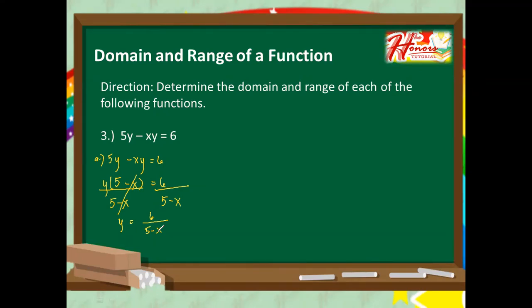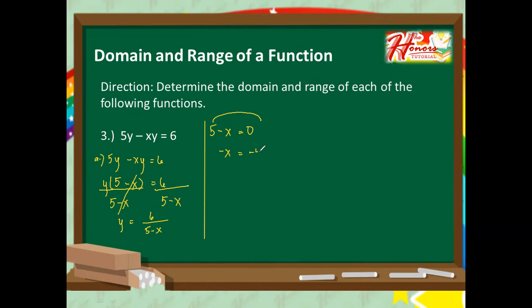So how are we going to do that? We have to equate 5 minus x, which is the denominator, to 0. So we have here 5 minus x equals 0. So we have here negative x at the left side of the equation, and then transpose positive 5 at the right side of the equation.